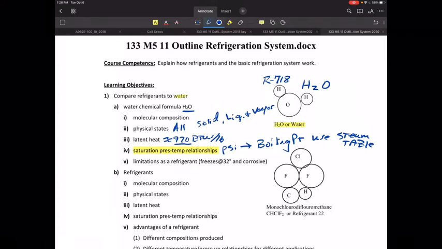Now, one of the limitations we have with water, one of the problems that we run into, is that it does indeed freeze at 32, and it is somewhat corrosive. So that's a bit of a problem for most systems.